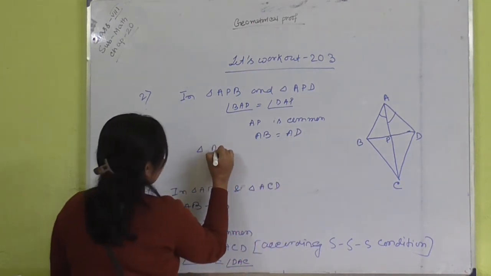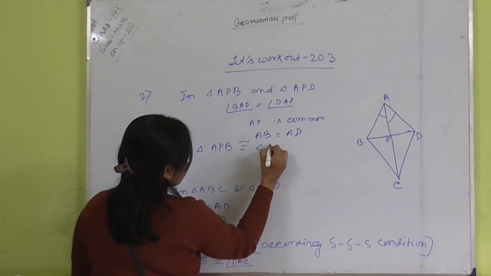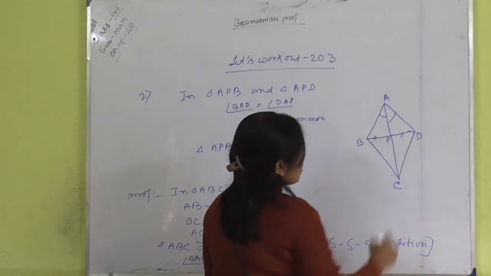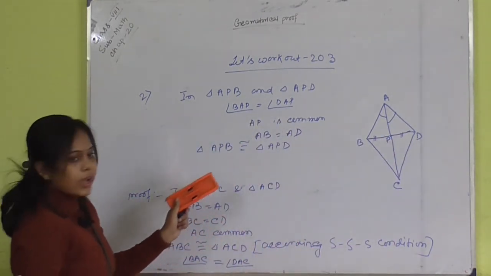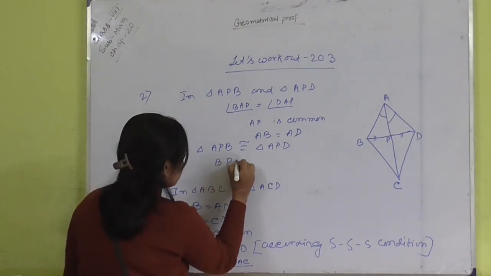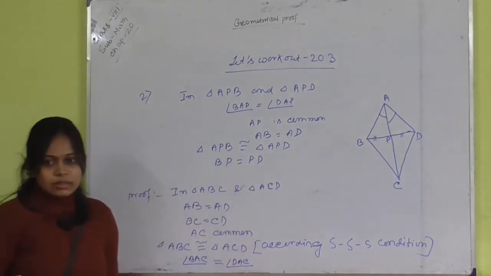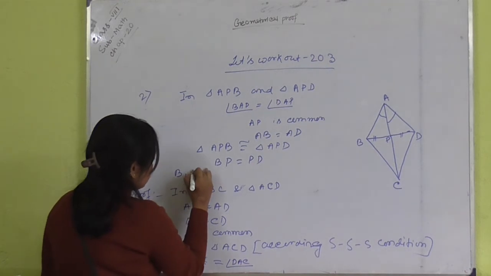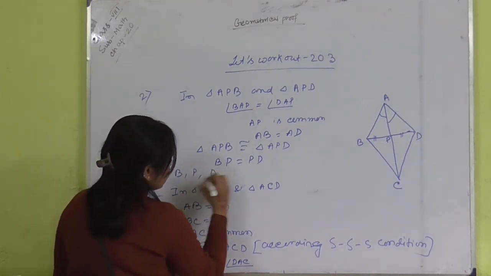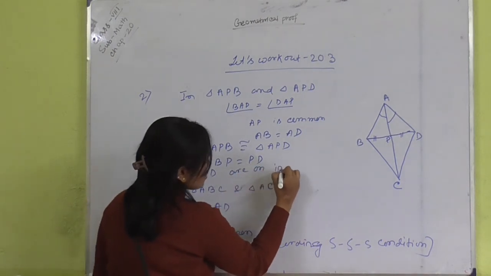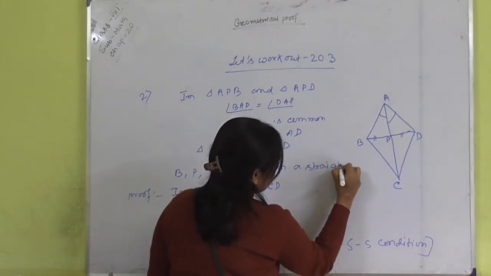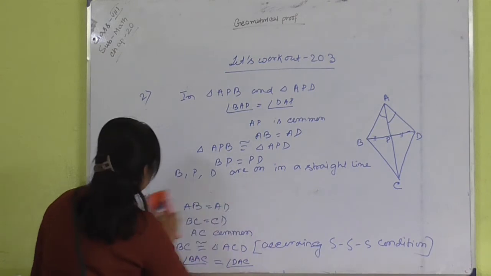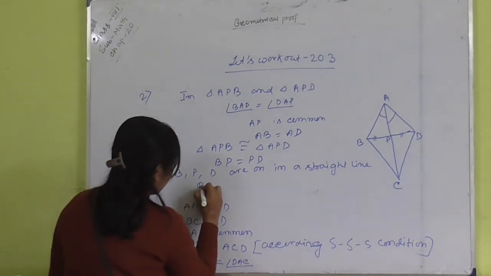So this triangle is again congruent to triangle APD. Now this side and this side are corresponding sides of two congruent triangles. So we can write BP equal to PD. That means B, P and D are in one straight line, that means they are collinear. BPD are collinear.